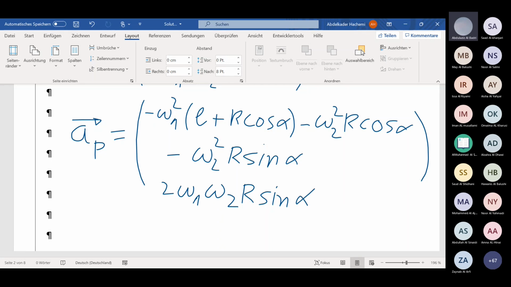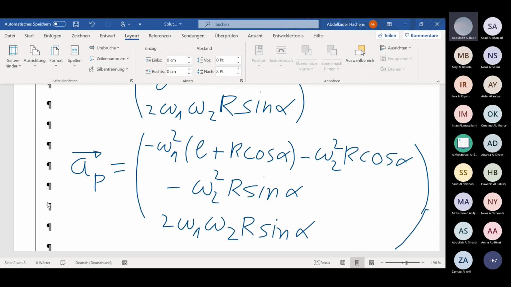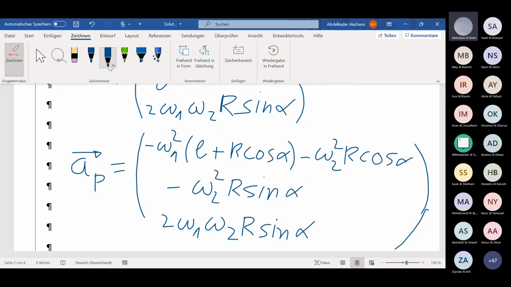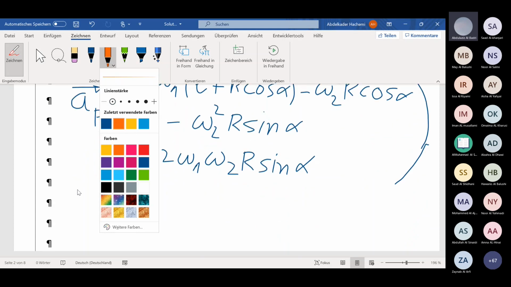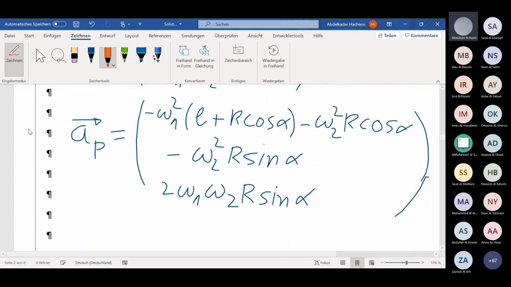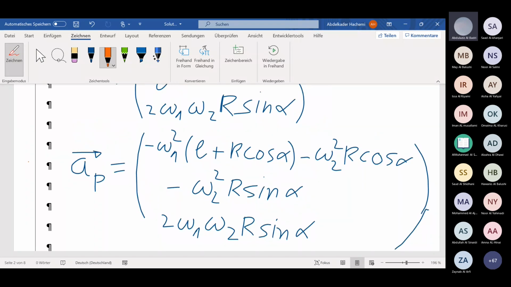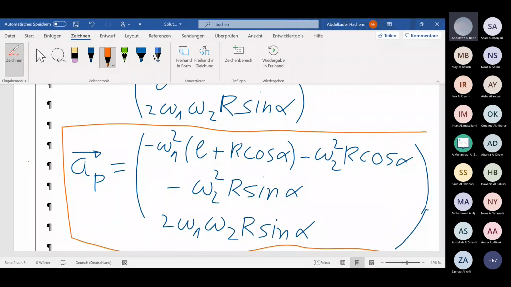This is the expression now of the absolute acceleration of the point P.